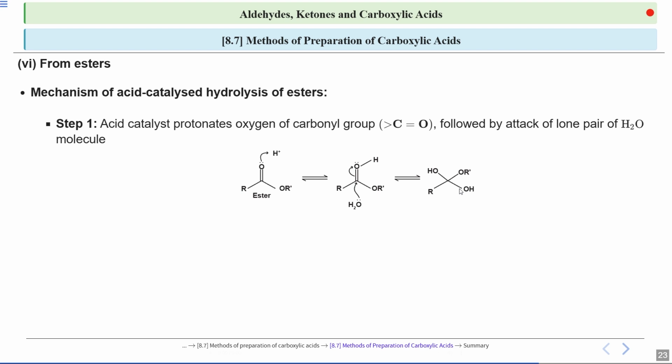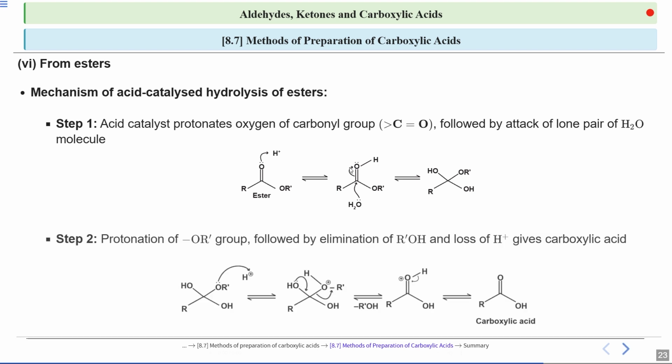Water is the nucleophile. The water molecule, H2O, where oxygen has its lone pair, attacks the carbonyl carbon. So first it gets protonated, and this H2O, which acts as a nucleophile, attacks the carbonyl carbon. And you get this sort of intermediate.